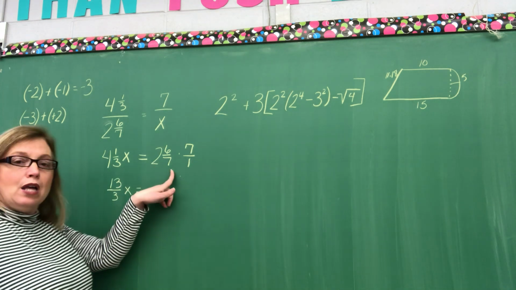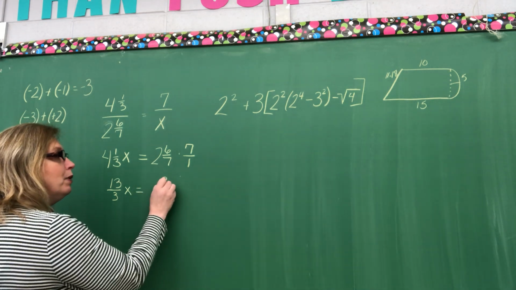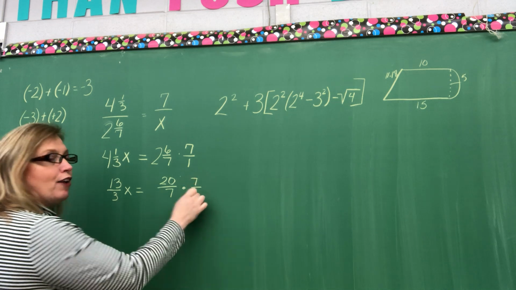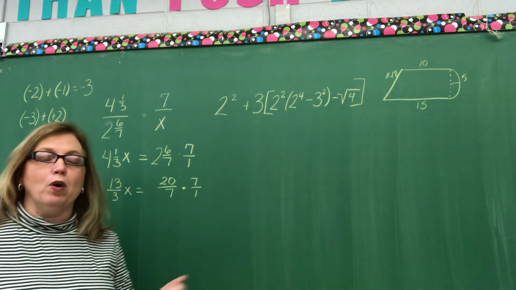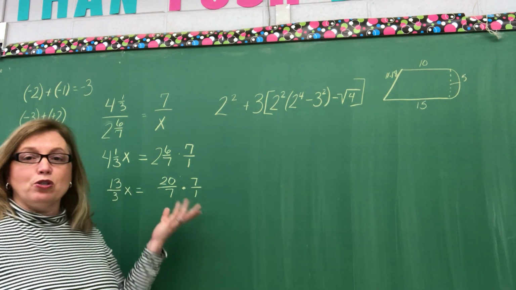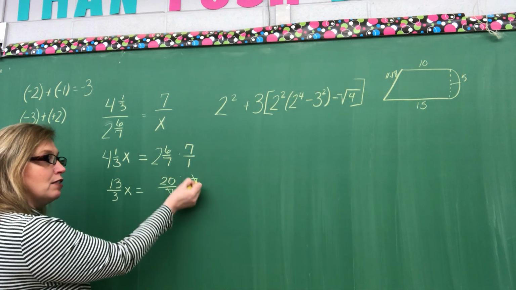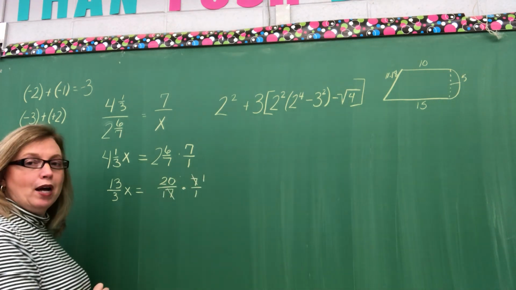So 2 times 7 plus the 6 is going to be 20/7. And of course, my last fraction, I've already made it into a fraction by putting it over 1. Now I want to look and say, is there anything that I can cancel? Of course, I can cancel the 7s, dividing both 7 by 7, making them both 1s.